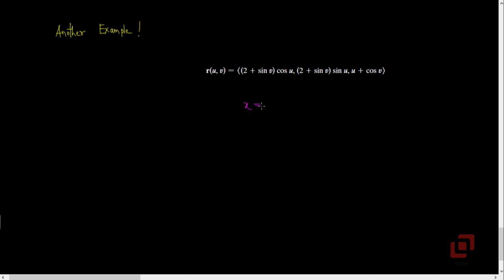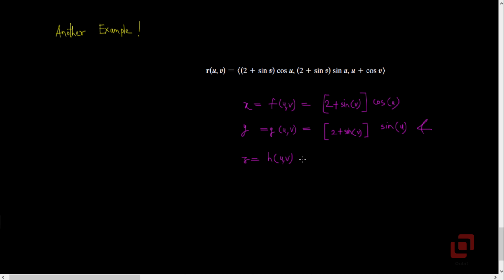So in our case, x, which is f of u comma v, is (2 plus sin v) into cos u, y, which is g of u comma v, is (2 plus sin v) into sin u, and z is h of u comma v, which is u plus cos v.